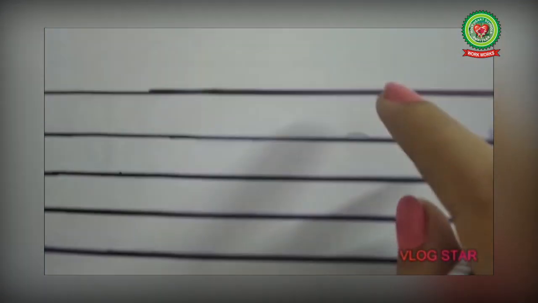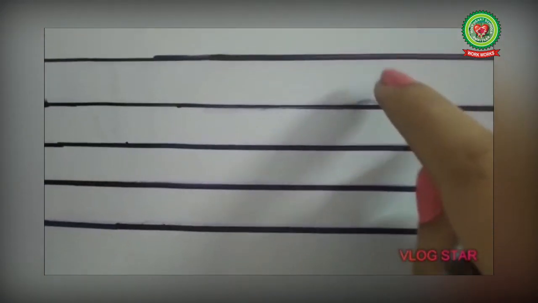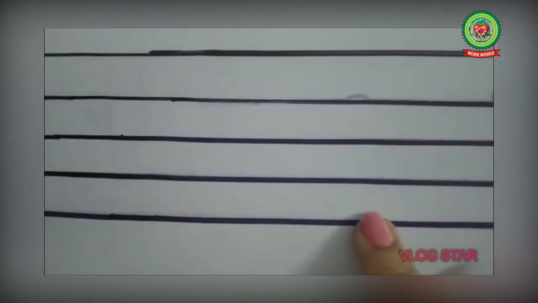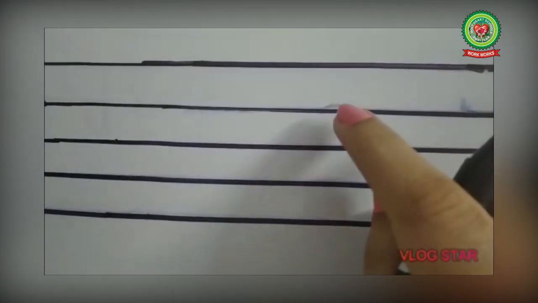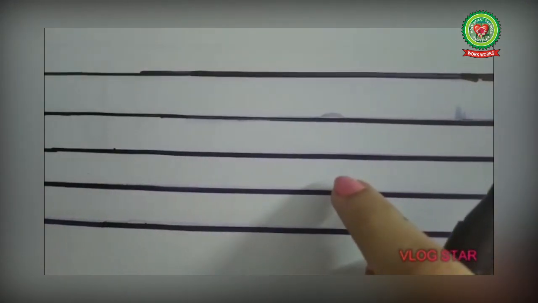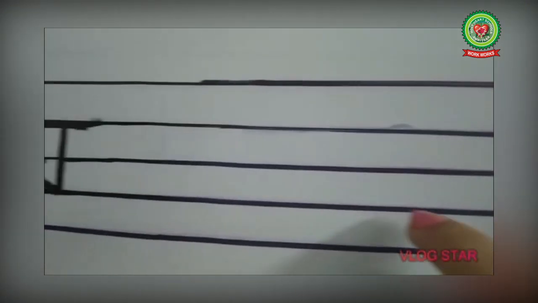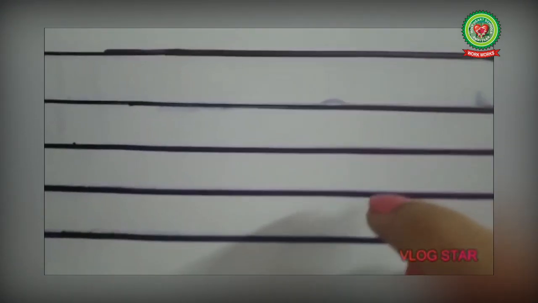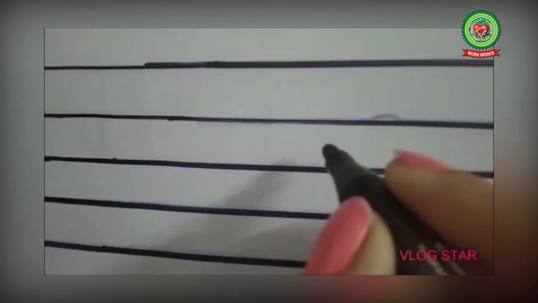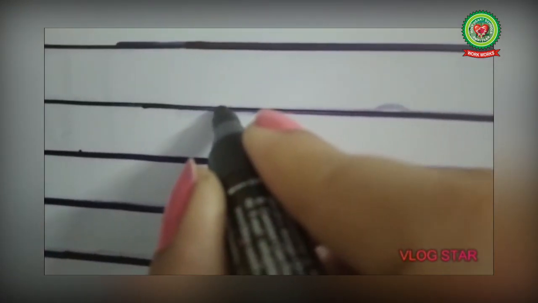So, for writing ha, I have drawn 5 lines over here. And I will use these 3 lines to draw ha like this. So for that, I will draw a sleeping line like this.